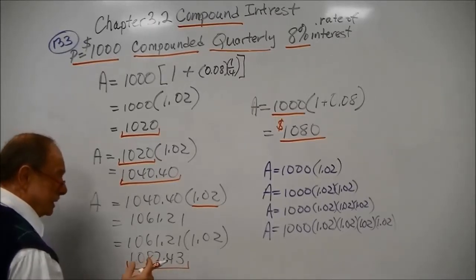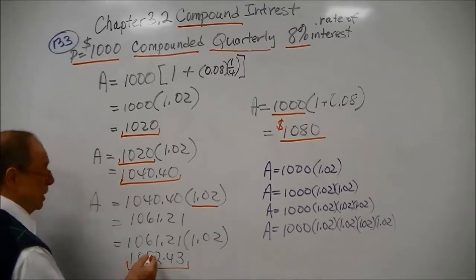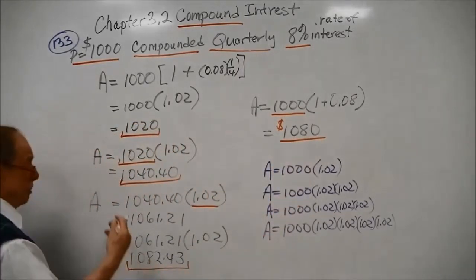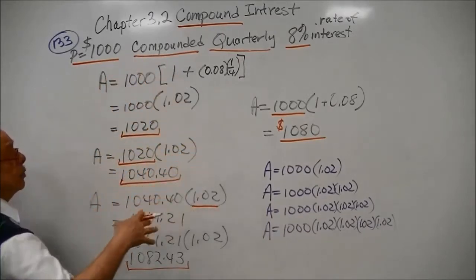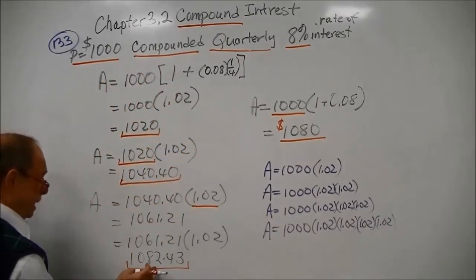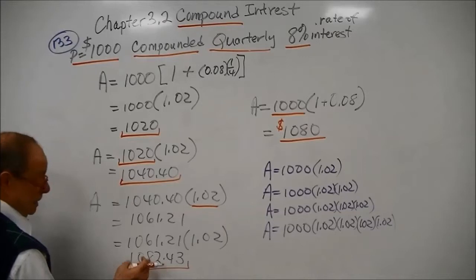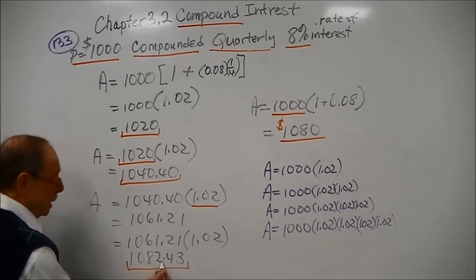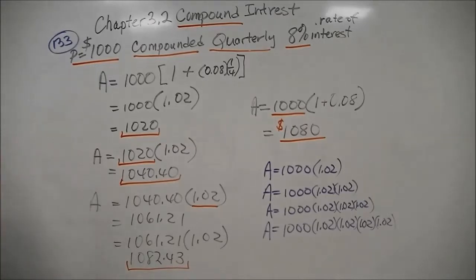Now, if we had simple interest, we would only have $1,080. But because we compounded it quarterly, our interest, in a sense, is a little bit more. We made $2.43 extra. And that's only on $1,000.